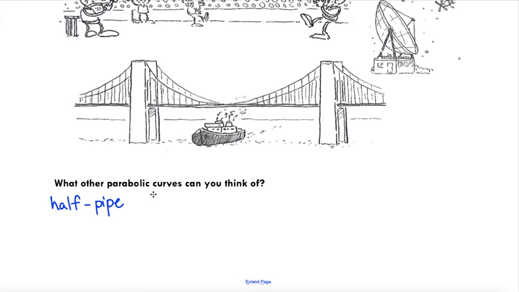You might think of the path of a basketball as you're shooting in a basketball. And you might be able to think of some other parabolic curves that you've seen as well. So try to take some time to think about where you might have seen some other curves.